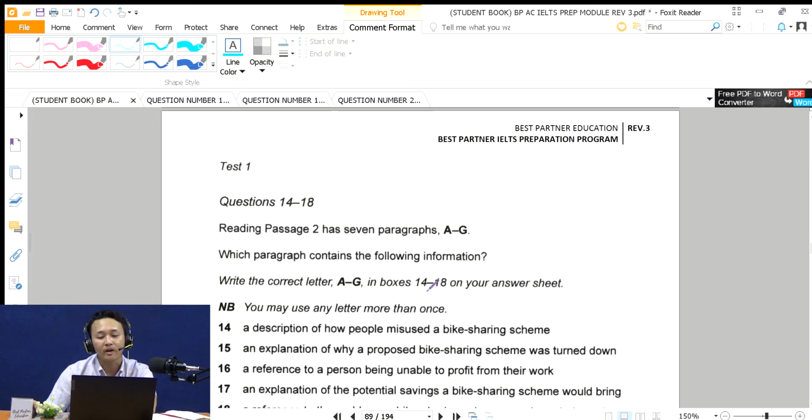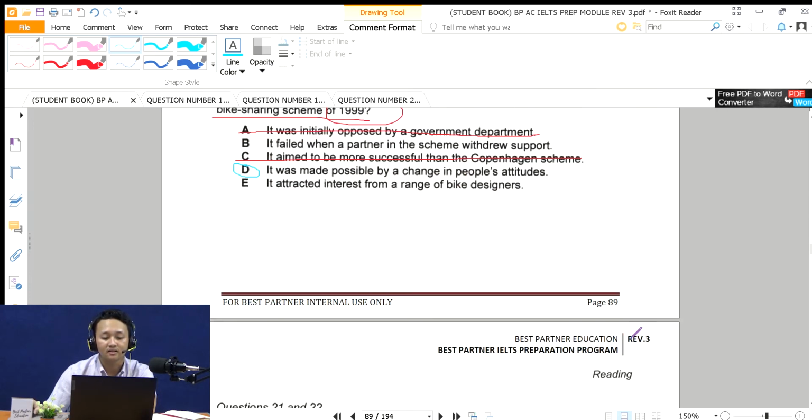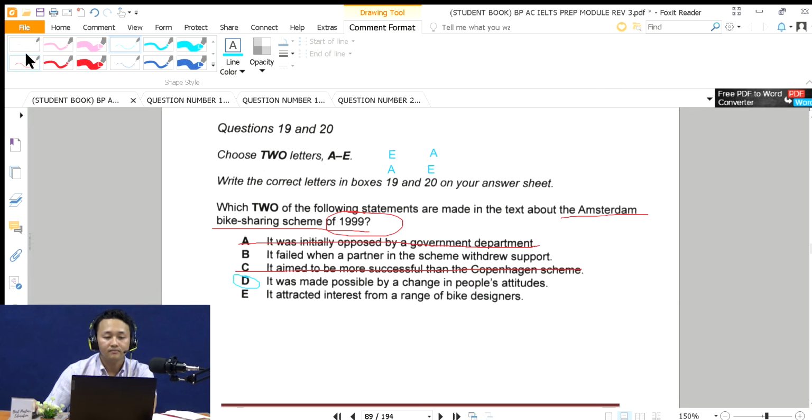It was no longer free. So let's see here. It didn't attract interest from a range of bike designers. There's no mention of that, right? So there you go. Because we have eliminated... Oh no, it was initially opposed by a government.